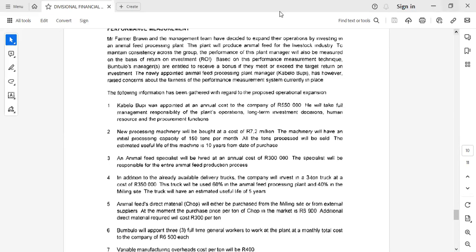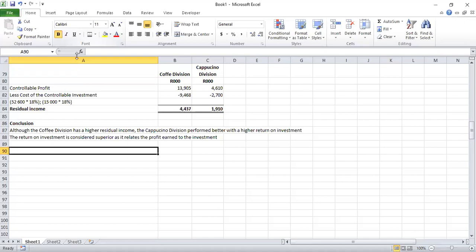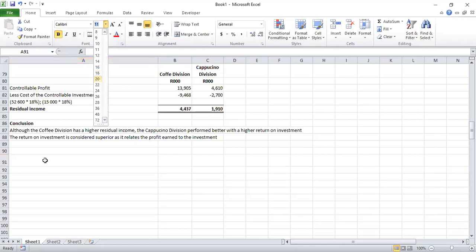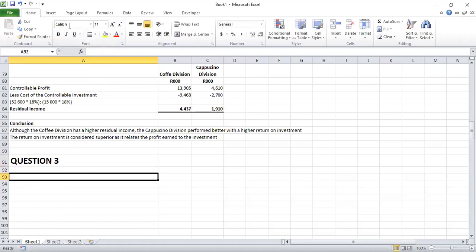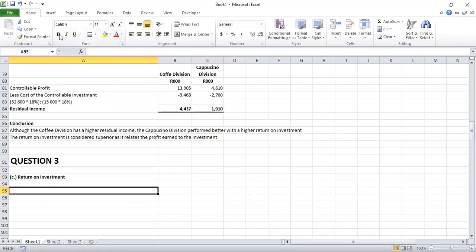So you'll be responsible for everything. Right. So let's do the calculation of the controllable profits.